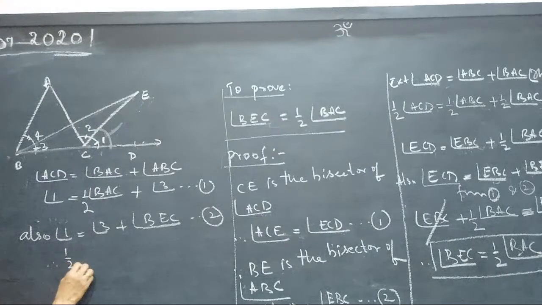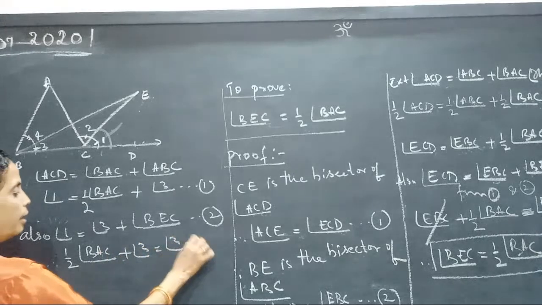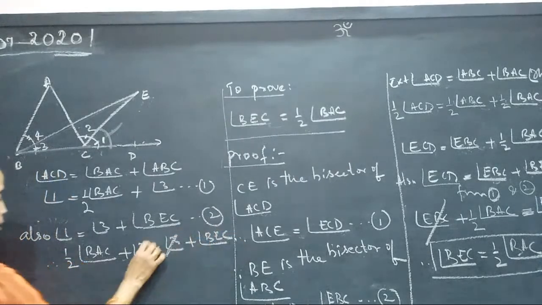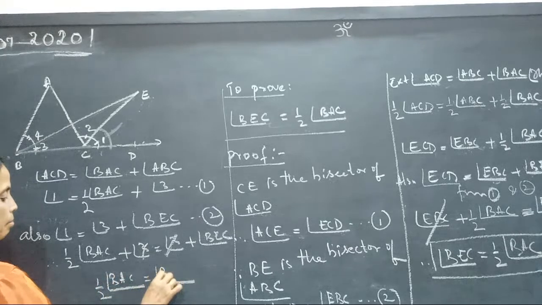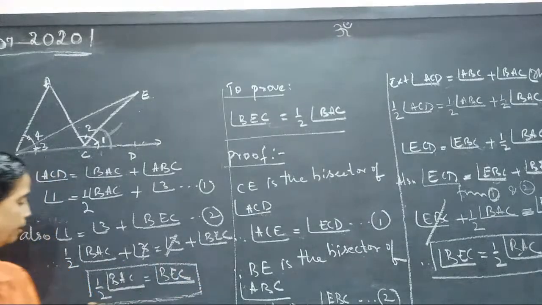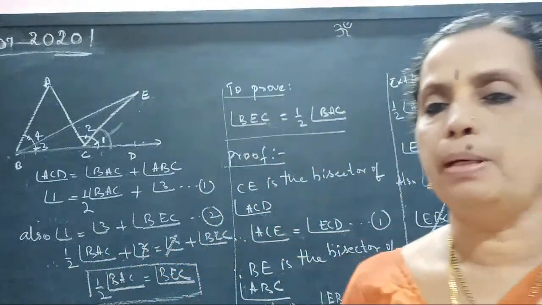Therefore, half of angle BAC plus angle 3 equals angle 3 plus angle BEC. Cancelling this, half of angle BAC equals angle BEC. So this is an alternate method of keeping the steps, the whole steps, using numbers.